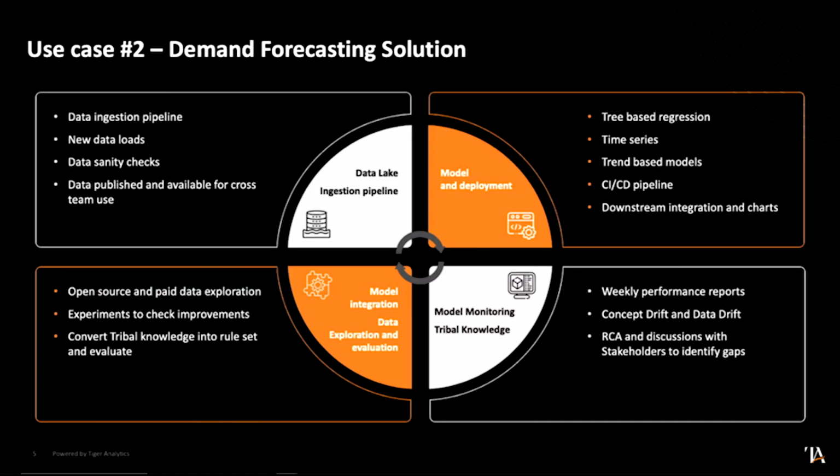Moving on. This is a different type of platform we built. This is a demand forecasting problem, wherein we have a fast food retailer who wanted to forecast highly granular information at their stores. So it is a mature place again.